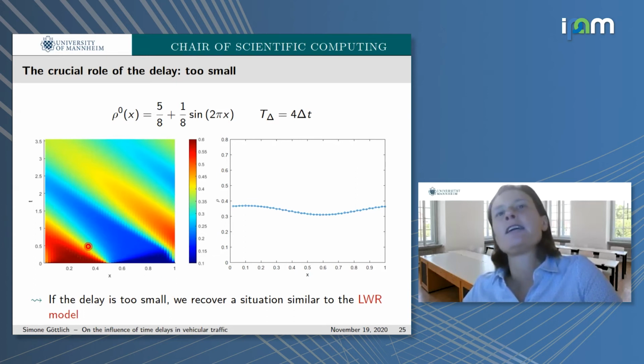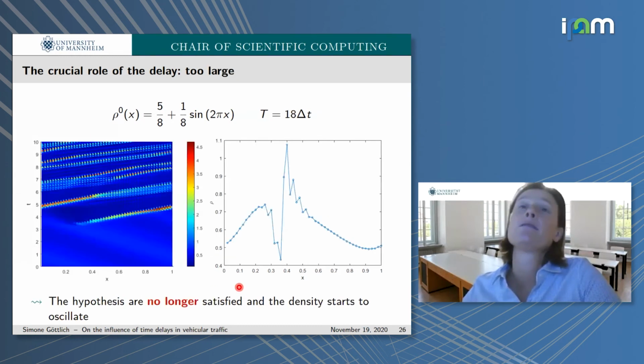You see, okay, here the perturbations are still there, but they try to smear out. And if you look on the right, where the density is plotted over x for a fixed time, you see nearly a constant behavior again. So small delays are not the best choice, but if the delay is too large, it's also no good.